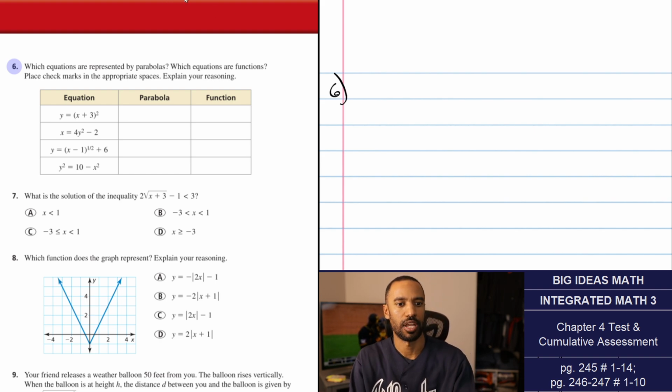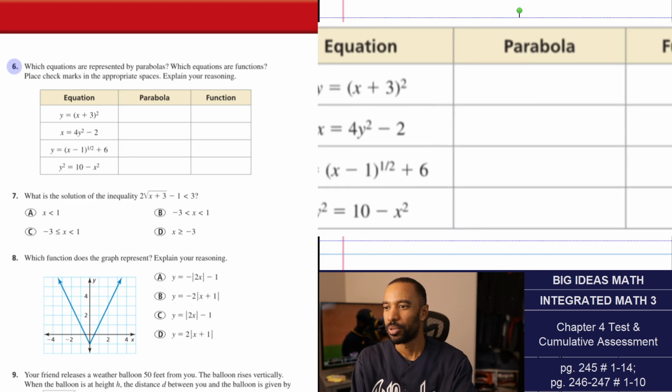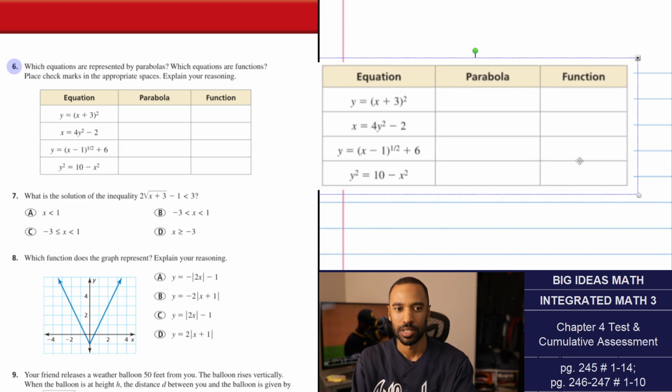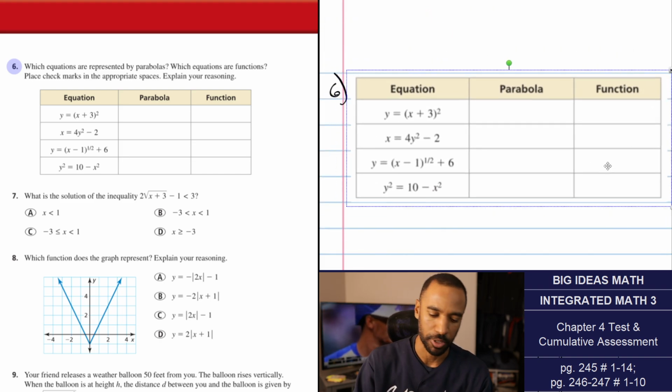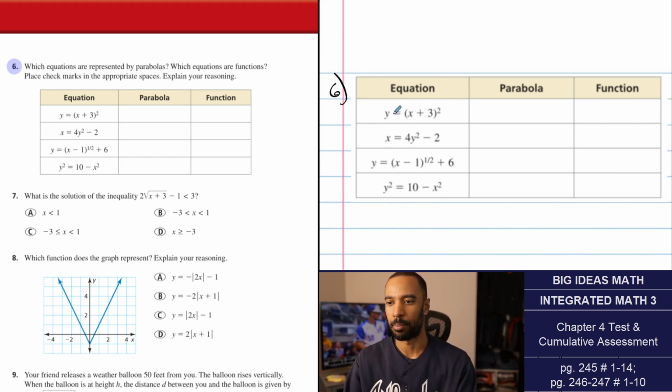Which equations are represented by the parabolas? Which equations are functions? Please place check marks in the appropriate spaces. Explain your reasoning. I'll explain verbally. All right, so if it's a quadratic, it's a parabola. So y equals x squared is a parabola, indeed also a function.